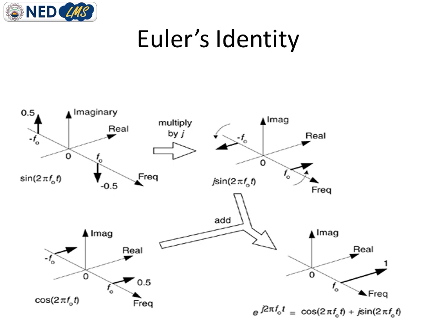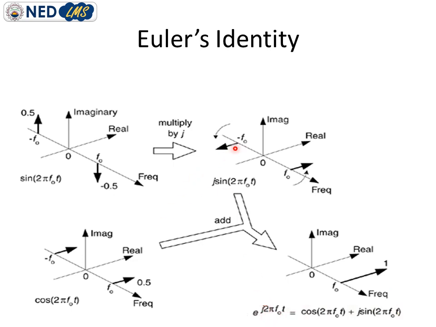Now we have to add up these two representations, because first one is for cos and second one is for j sine 2 pi f naught t, and we are actually adding up these two waveforms to get the complex exponential signal in the frequency domain.